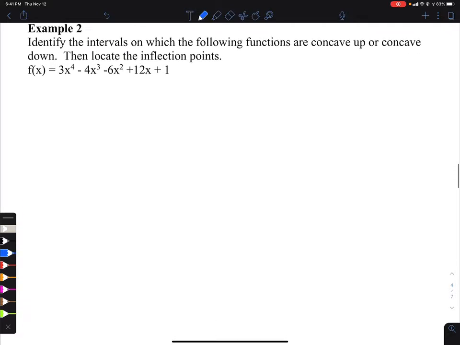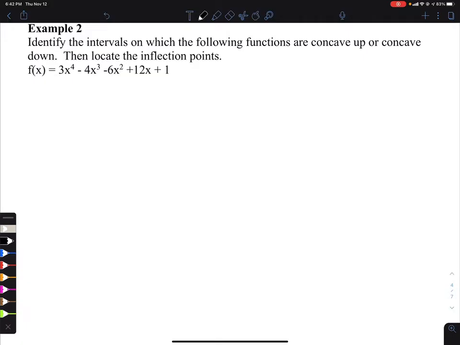Okay, here we go. I'm tired and you're tired. Let's just do this. Identify intervals on which the functions are concave up or concave down, then locate the inflection points. We learned earlier that the possible inflection points, or the change in concavity points, are where the second derivative is 0 or does not exist.